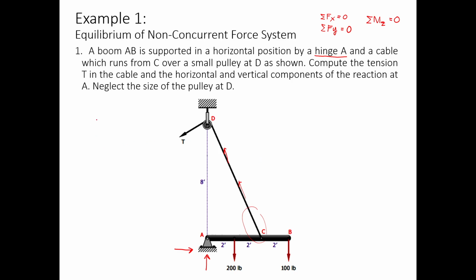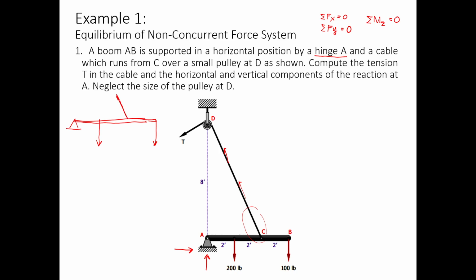Okay, so to start off, let's try to draw the FBD separately on this portion. Pasensya na sa drawing again. So if this is 2, then this should be the cable here.